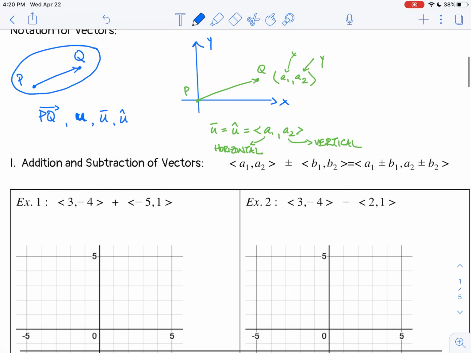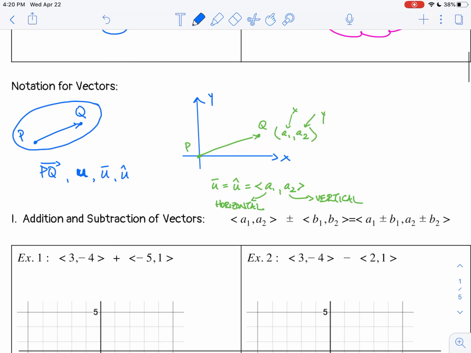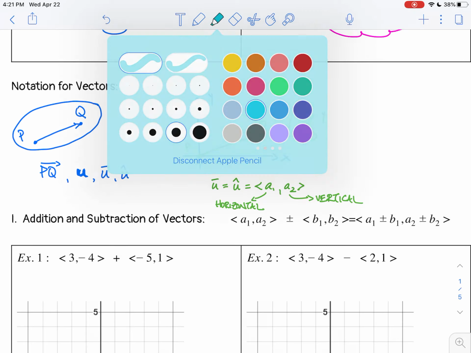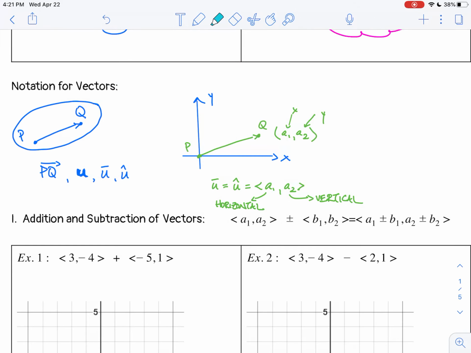All right, so let's go ahead and start with some addition and subtraction of vectors. So when we look at addition and subtraction of vectors, we have this formula right here. If I have one vector plus or minus another vector, that's going to be equal to if I add the x components of both vectors and the y components of both vectors.